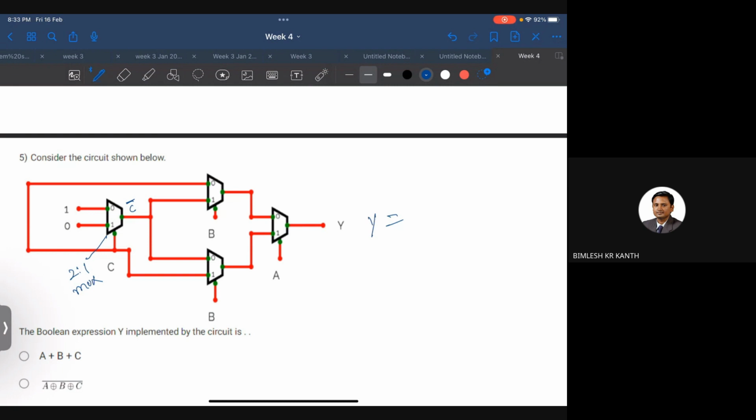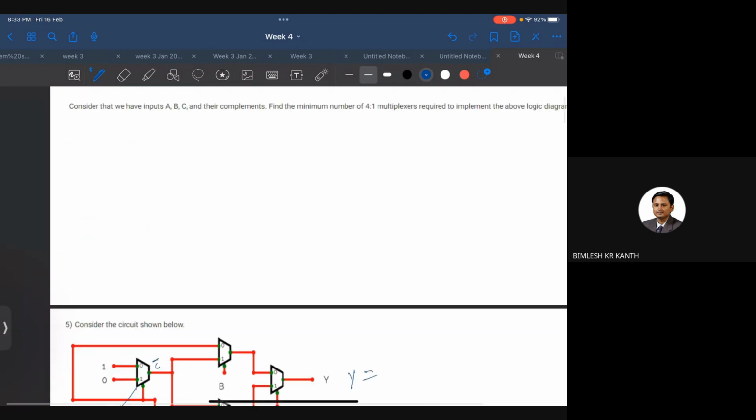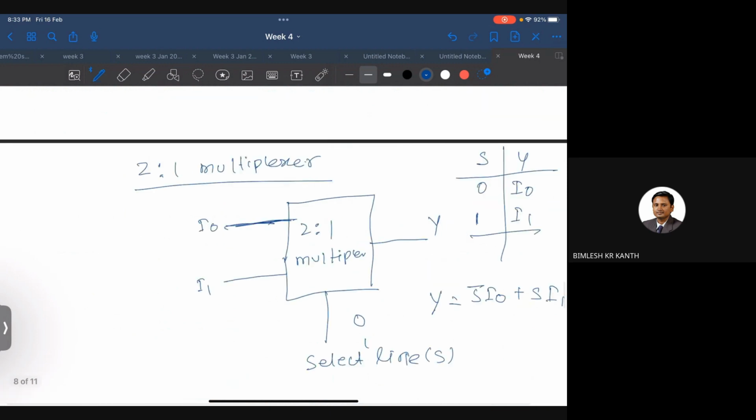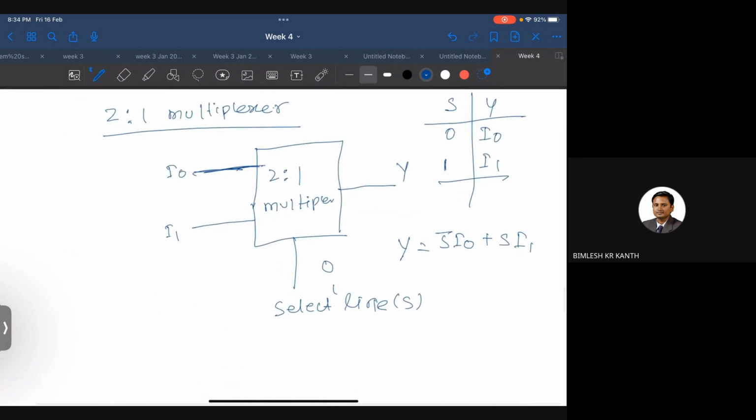Now, why is it C bar? If you see the 2 cross 1 multiplexer, when the select line is 0, then it's I0, right? Correct.